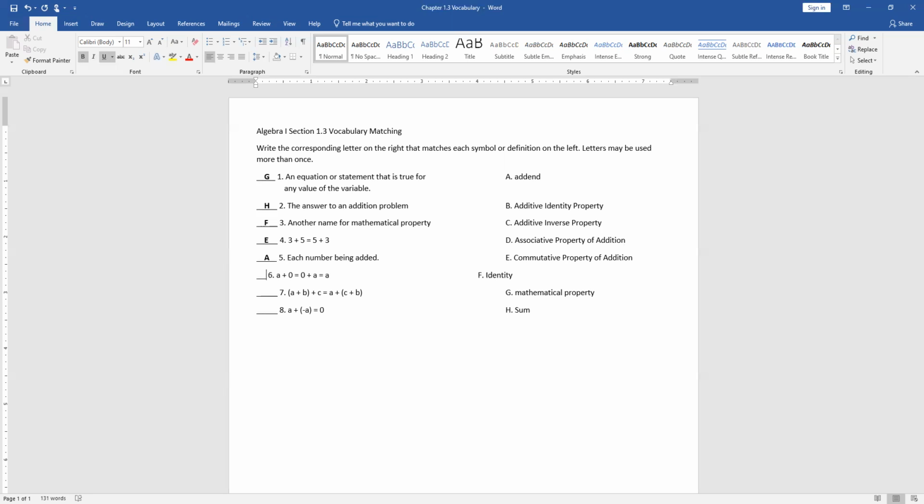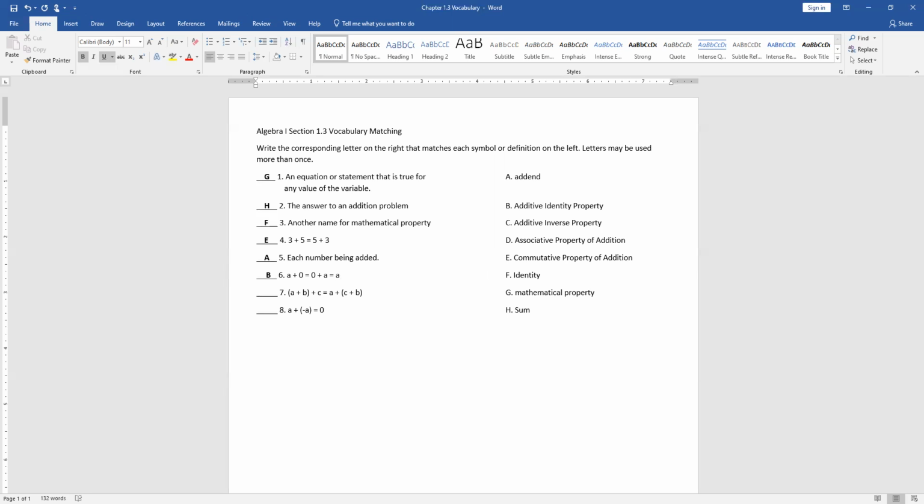Okay, so anytime we see a number or a variable and we are adding 0 to it, then that actually just means the solution is that variable or the value that's in the place of that variable. So that's just the additive identity property. Your solution is the same value as the number you're adding to 0.